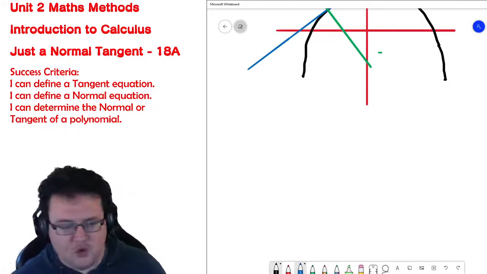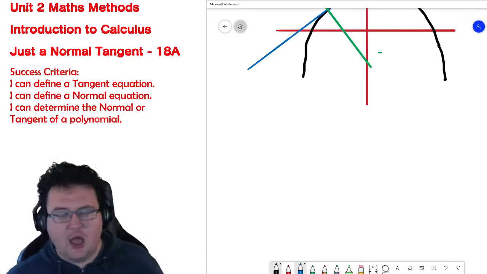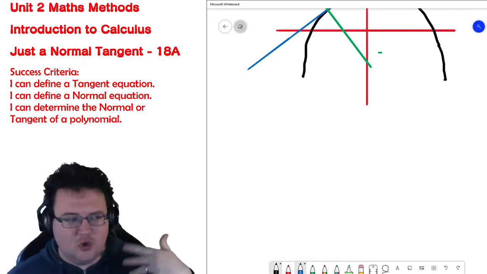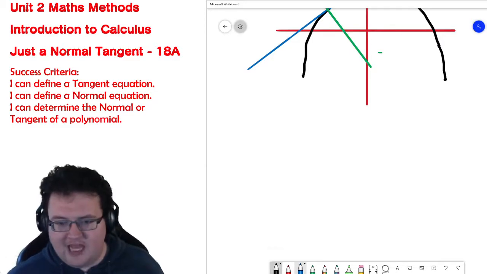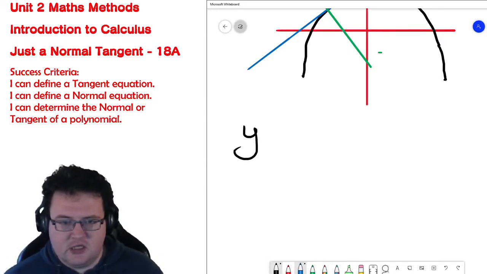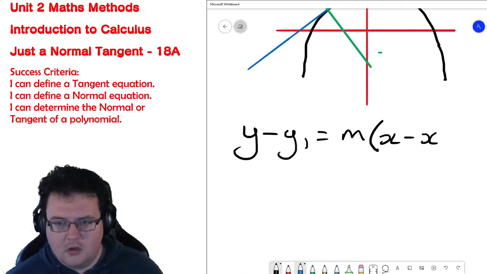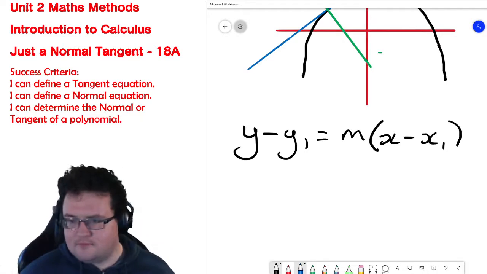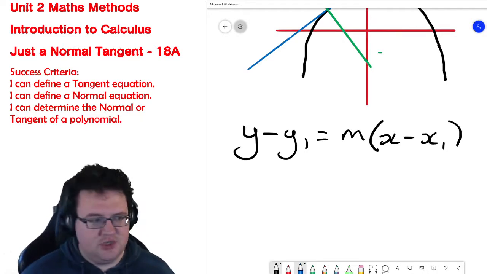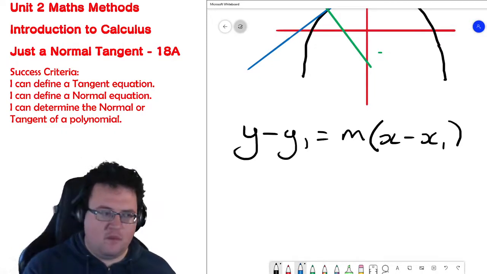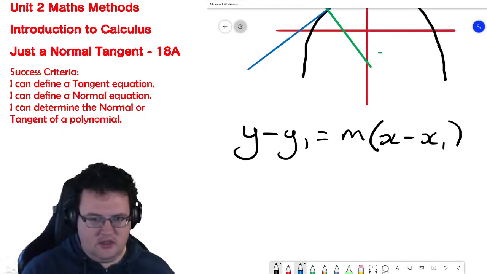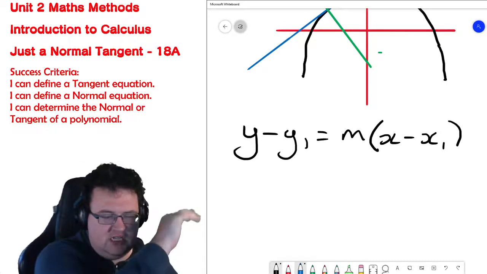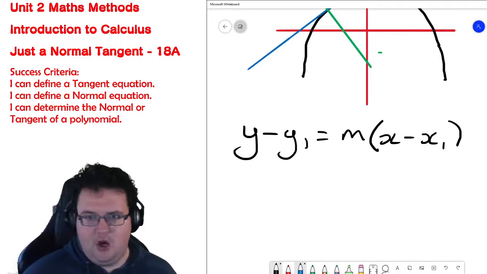So for tangents and normals, because we only know the gradient and a single point, the equation that we are going to absolutely have to use is the point-gradient form with that point there. All right? That's the equation that we're going to have to use to determine our tangents and our normals, because we know exactly one point and we know the gradient at that point. Therefore, we can use that, expand that, rearrange it all, get where we need to go.